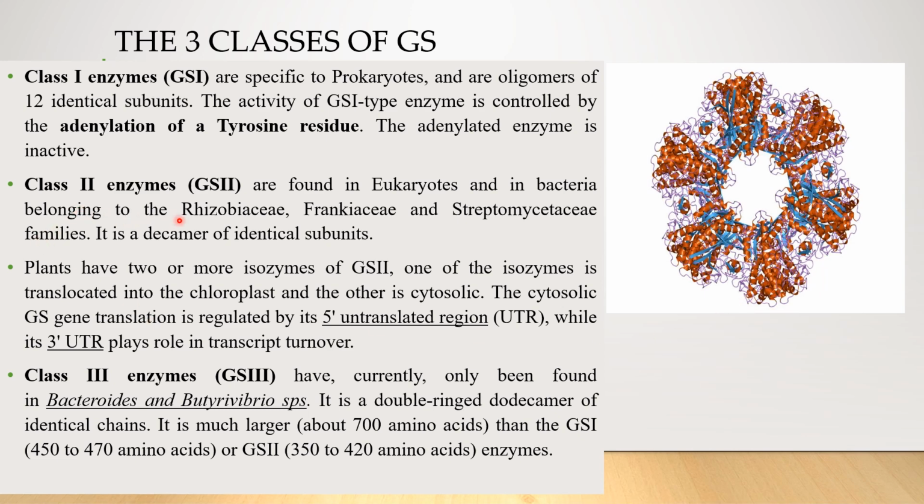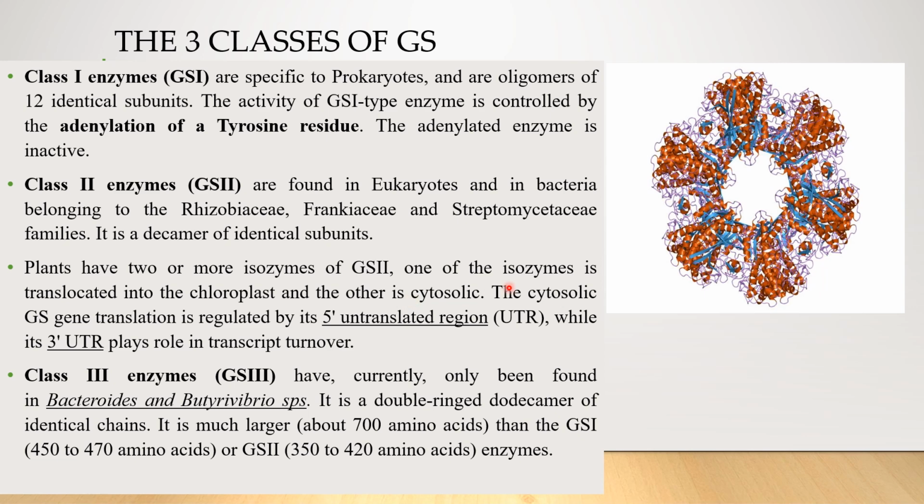Coming to class 2 enzymes, we find them in the eukaryotes and even in some bacteria that belong to the Rhizobiaceae, Frankiaceae and Streptomycetaceae families. These are decamers of identical subunits. While class 1 has 12 subunits, dodecamers, these are decamers. Plants have 2 or more isozymes of GS2.